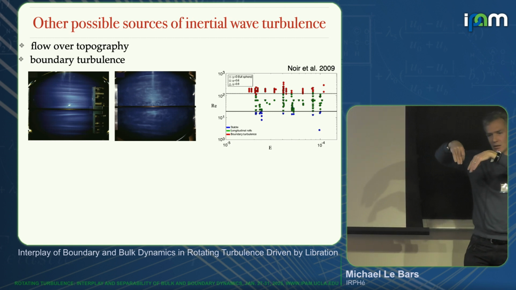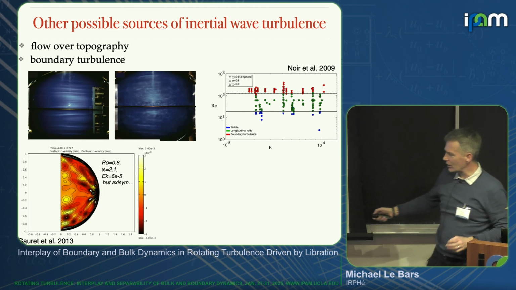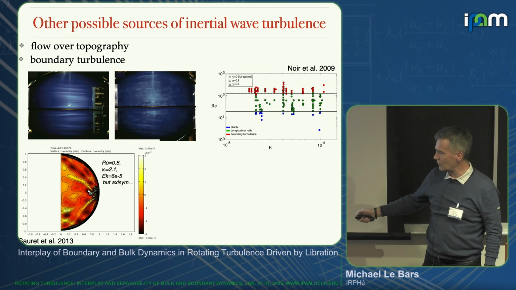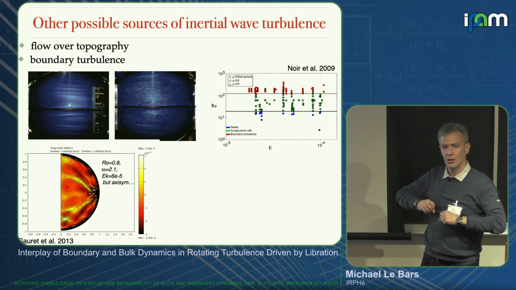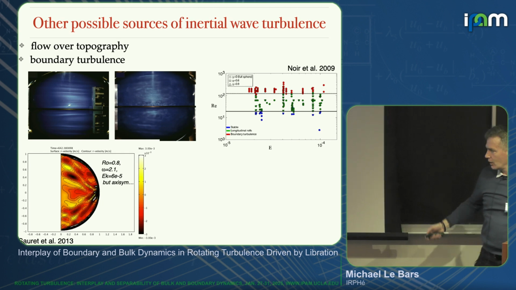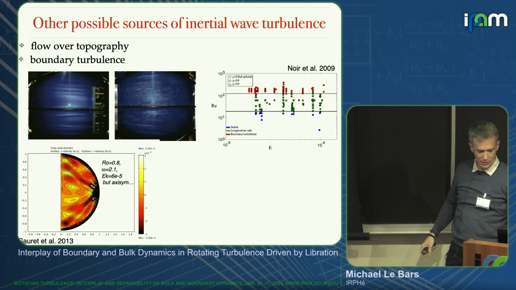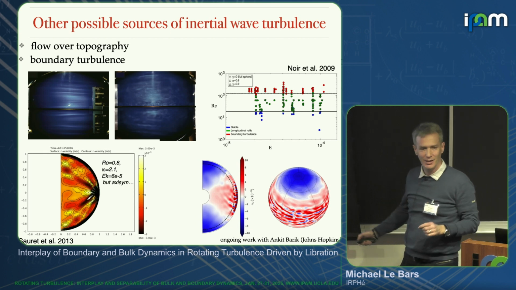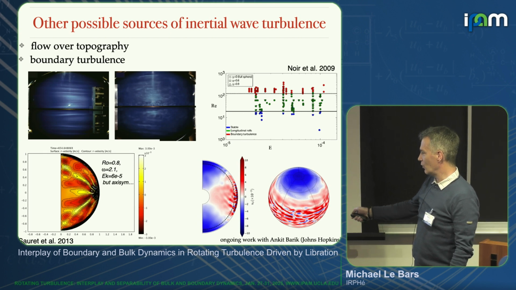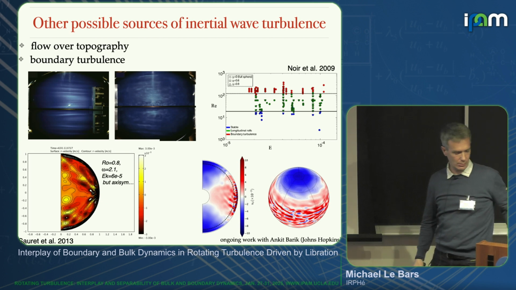So that only takes place in the boundary layer, but then we have done some numerical simulations showing that if the boundary layer becomes turbulent, then it will radiate waves in the interior. It was a long time ago already. It's only axisymmetric, and now we are working with Ankit to make the same thing, but in fully 3D, and to study the turbulence in the interior. It will be much more interesting.